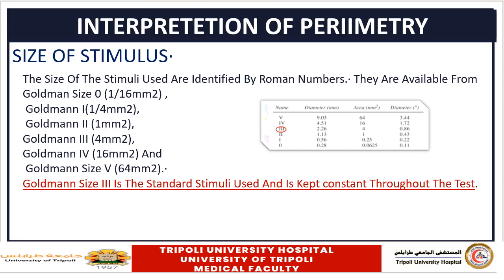The most commonly used size in most standard perimetry is Goldmann size 3. We sometimes use Goldmann size 5, especially in 10-2 perimetry or in advanced glaucoma. However, the most common size we use is Goldmann size 3.